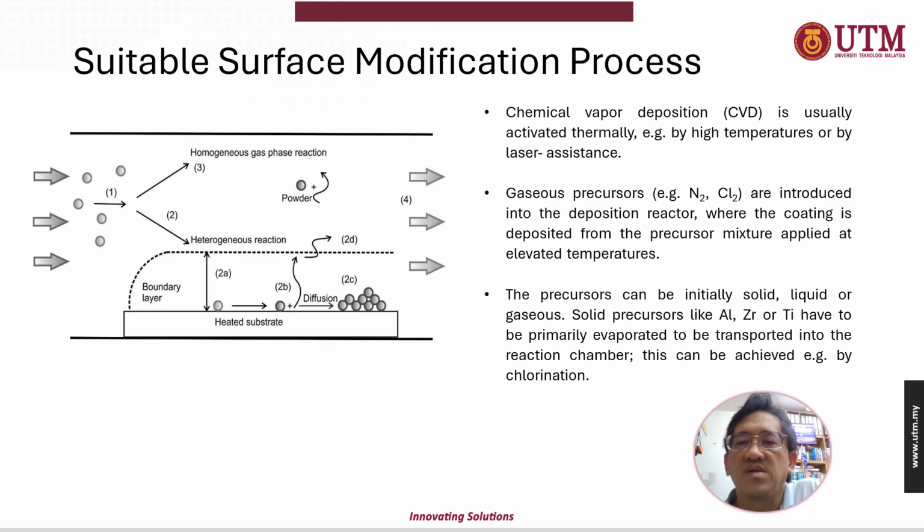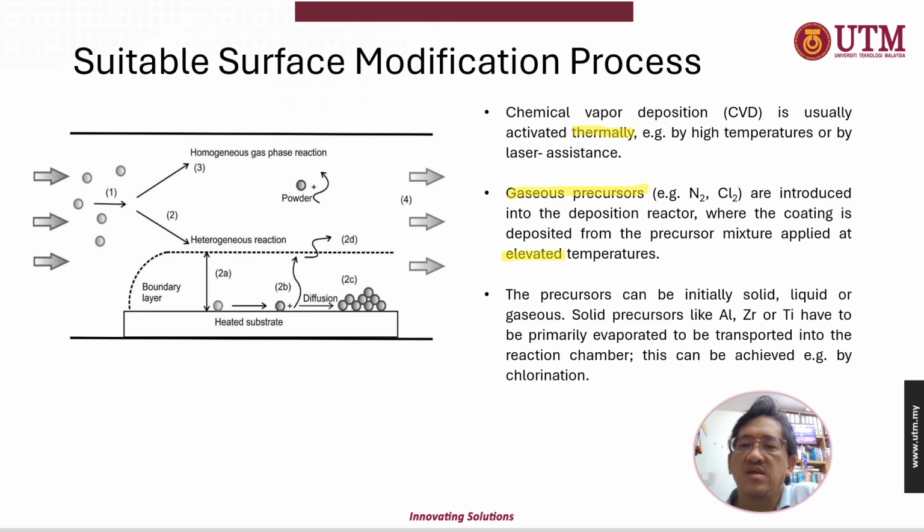Chemical vapor deposition (CVD) is usually activated thermally, so by high temperature or by laser assistance. Gaseous precursors, like nitrogen and chlorine, are introduced into the deposition reactor, where the coating is deposited from the precursor mixture applied at elevated temperature.